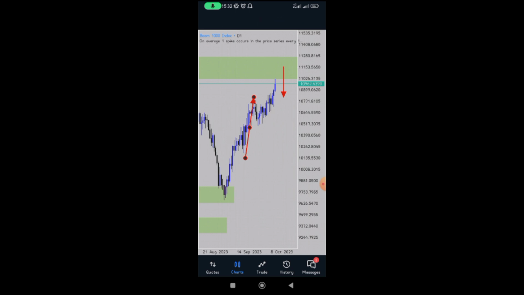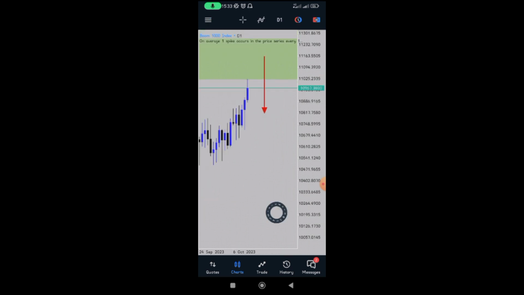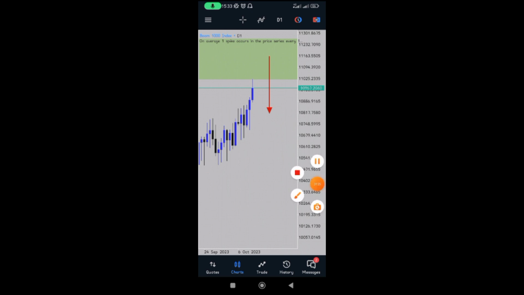Now can you see what happened here? I want to show you guys, looking at this recent daily candle here, which you guys can see very clearly. This candle is a bullish candle. After the closing of this previous candle, what do you see happen next?